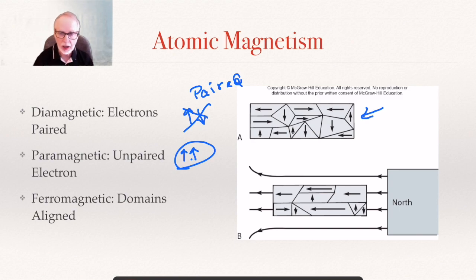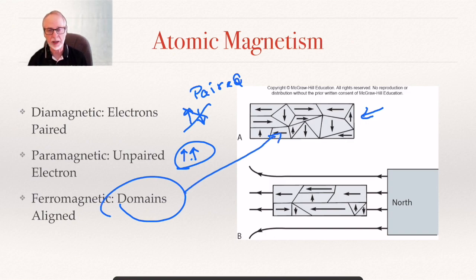But if we magnetize it, so if we bring an iron bar or something like that in proximity to a permanent magnet, the permanent magnet will affect the individual domains. Each of these regions that we've got here is a domain. And again, normally those domains are oriented randomly, so no net magnetic field.